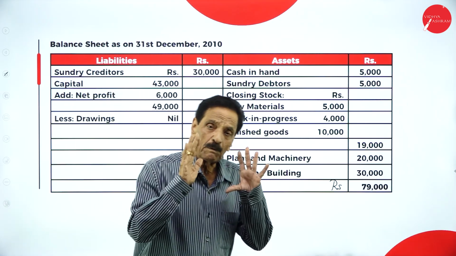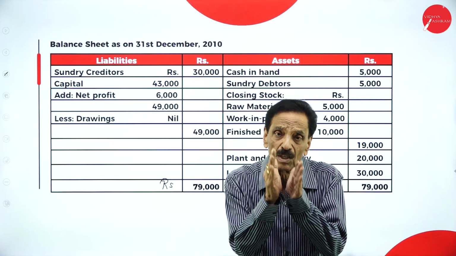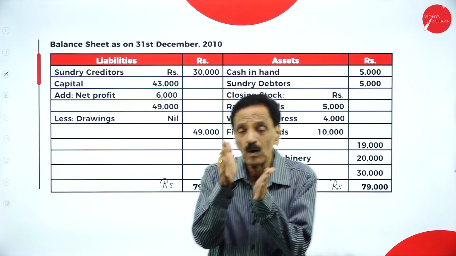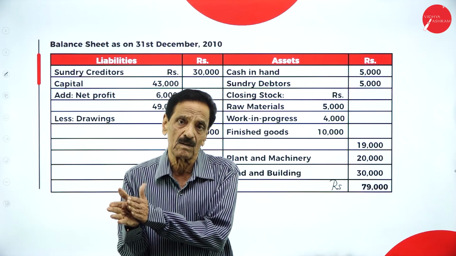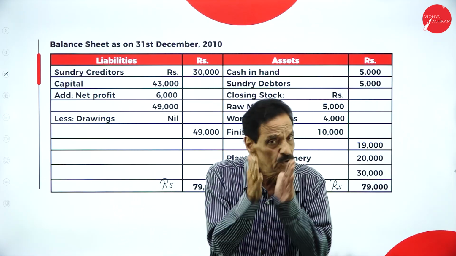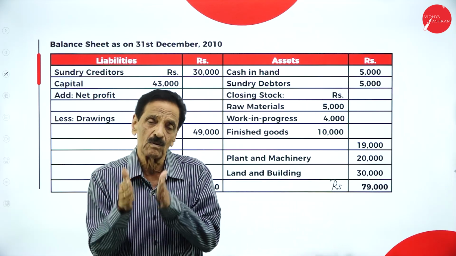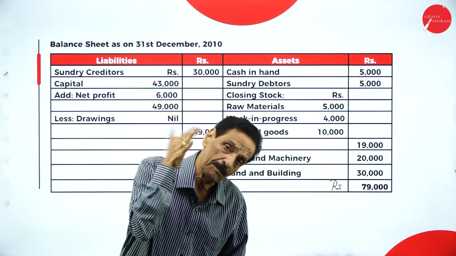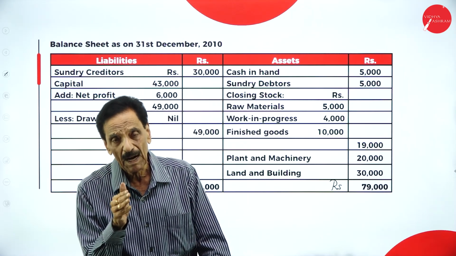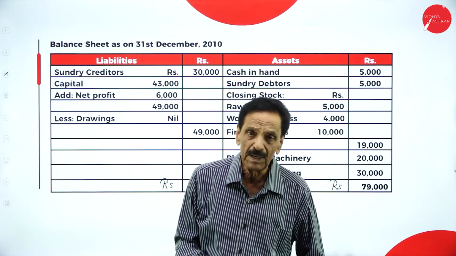So in the public examination, one question will come from the final accounts of a sole trading concern, another question will ask for the manufacturing account. They may ask up to profit and loss account, or they may ask manufacturing account, trading account, and profit and loss account.